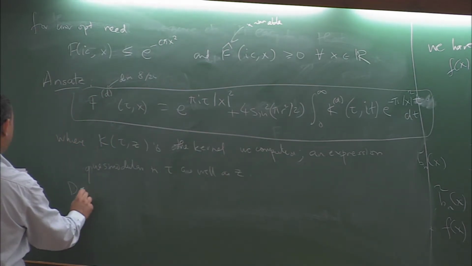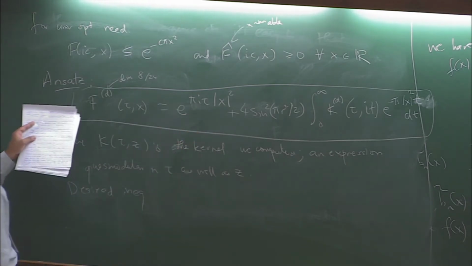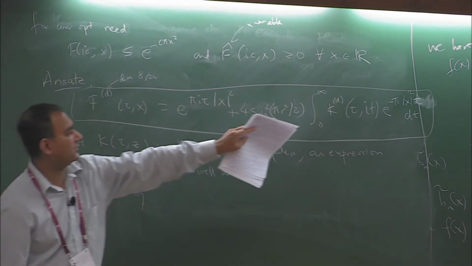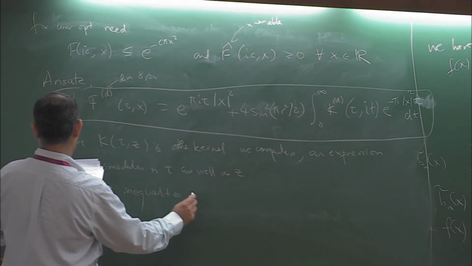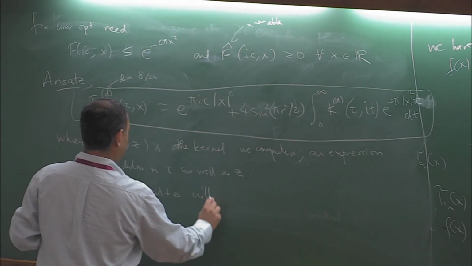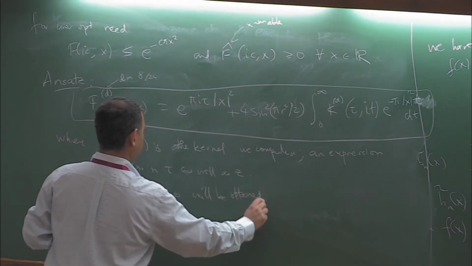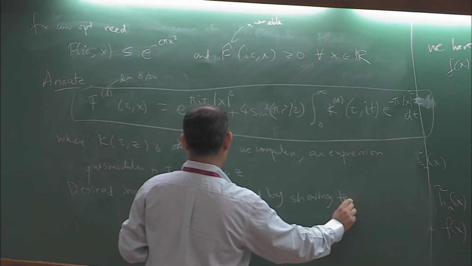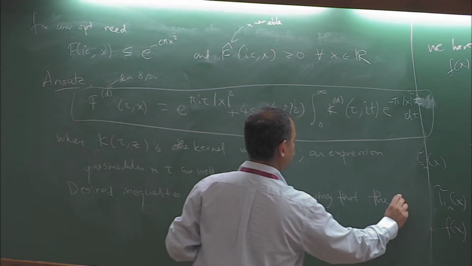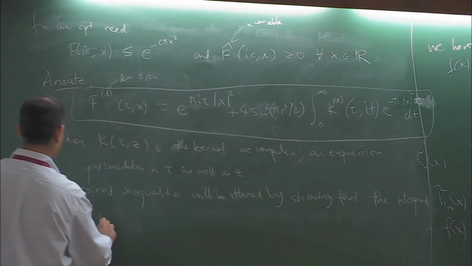And then the desired inequalities, you want to show these inequalities for f, you can actually transfer that to the kernel. The inequalities will be obtained by showing that the integrand is non-negative.